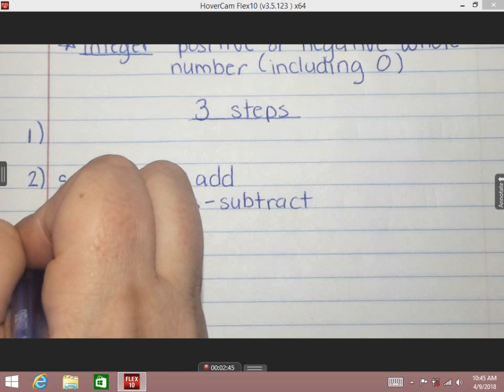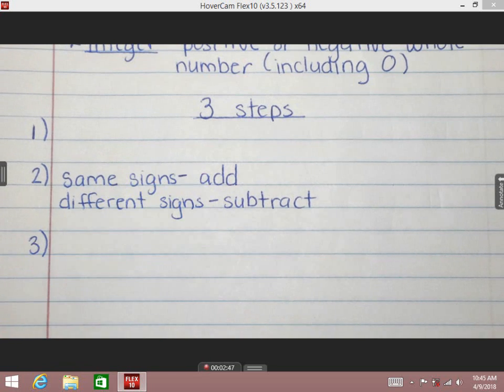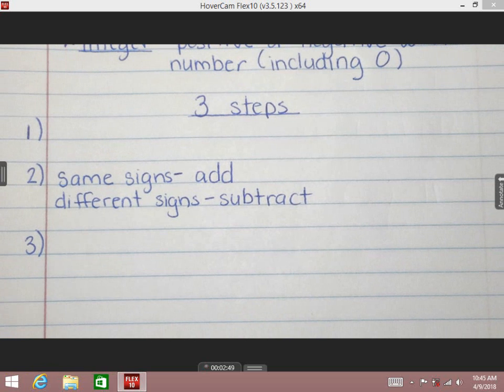All right, after I've added or subtracted, we've got an answer now, but we need to decide if our answer is positive or if our answer is negative.